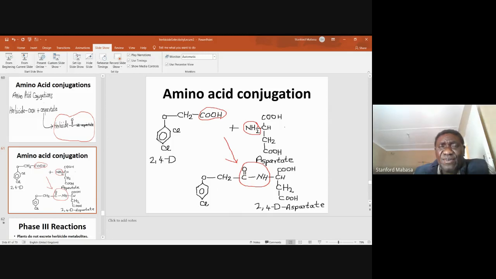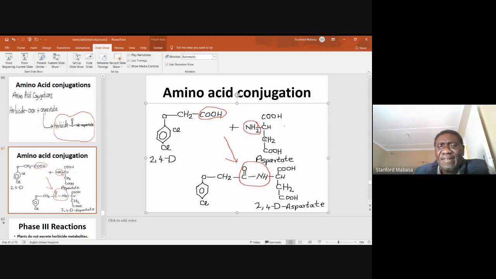But there's no need to remember these structures, only to know that 2,4-D is joined to aspartate, and it can lose its herbicidal activity. Remember, we're talking of how the plants can get rid of these herbicide molecules within the systems.